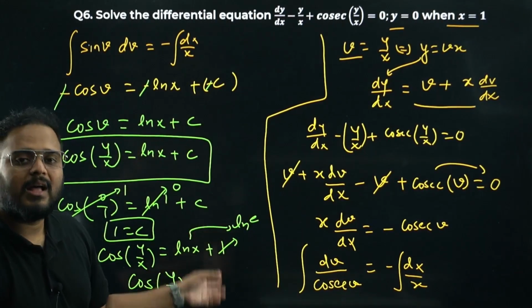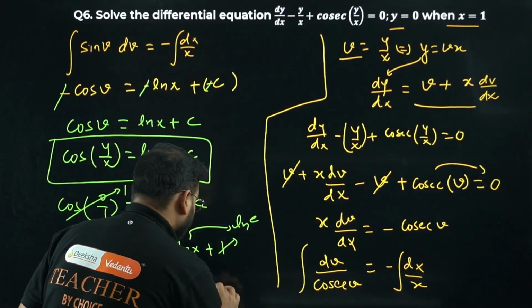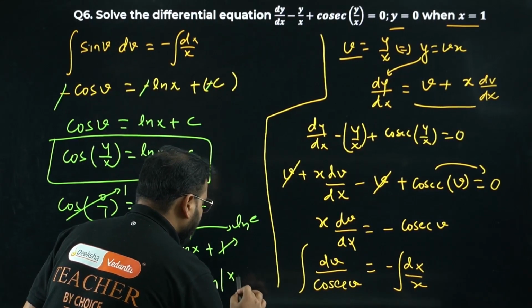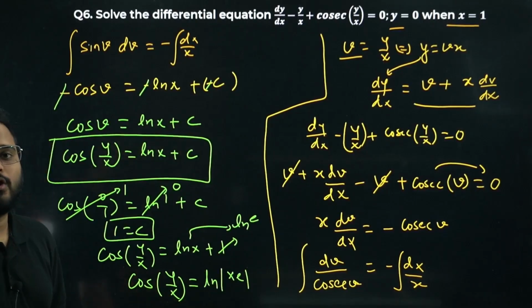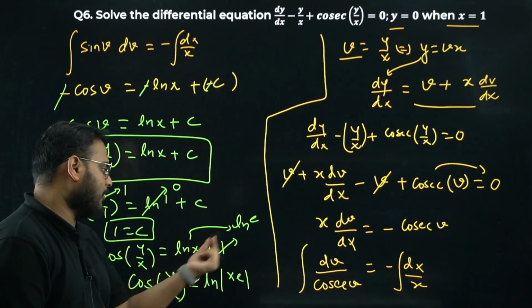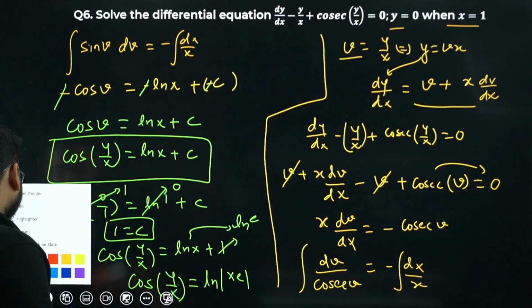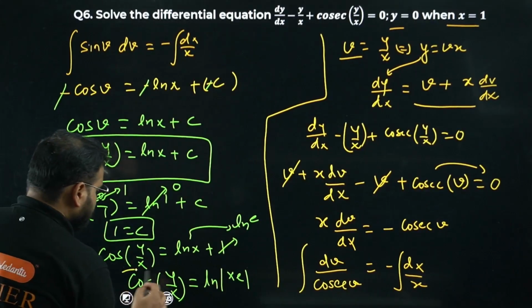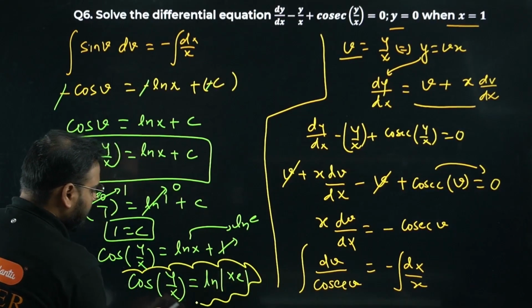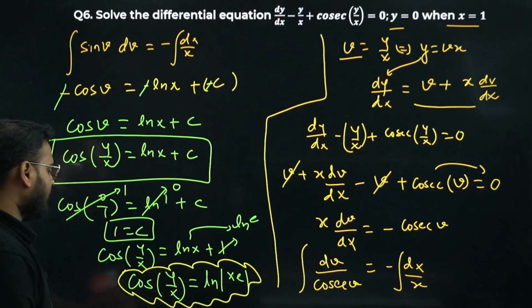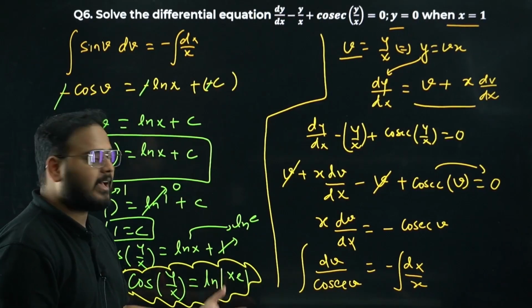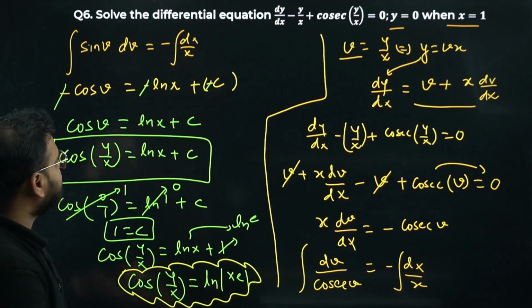What will happen? ln of x into e. ln of x into e is my final answer. Please check. Alright, so this is done. Have a look: cos of y upon x equals ln of x into e. I hope this is okay.